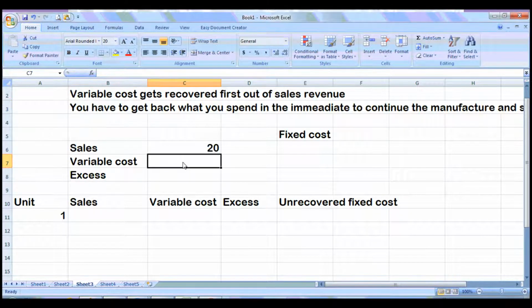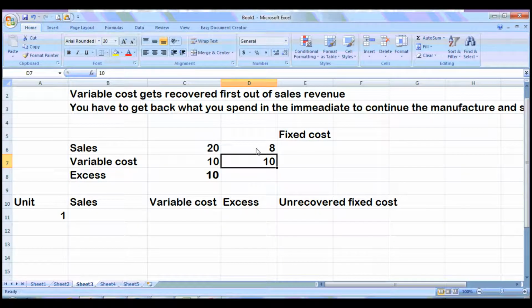What you spend in the immediate is ₹10 as variable cost. Because fixed cost is always fixed. Variable cost is now at your discretion. You get an immediate benefit of ₹10 on one pen. You produce for ₹10, you sell it for 20, you get an immediate benefit of 10.